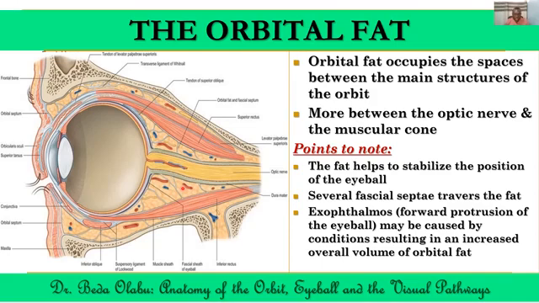So there is an increased volume of the orbital fat, and that means they're now competing for space. And so what happens is that the globe itself will be pushed forwards, and a big part of it will be protruding out of the orbital sockets. That's what we call exophthalmos.